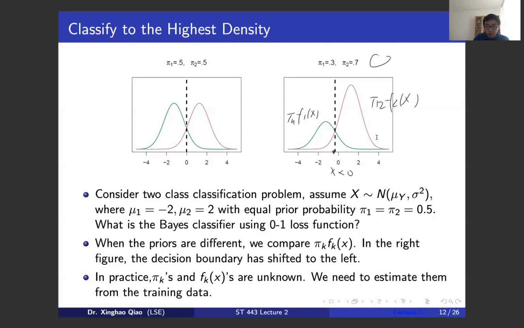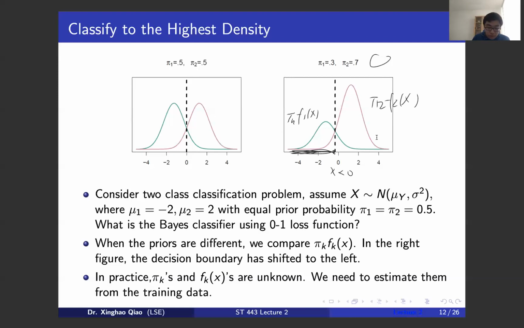On the left-hand side, pi 2 f2 of x is larger than pi 1 f1 of x. So for these points, we classify them as belonging to the green class. On the right, pi 1 times f1 of x is larger, so we classify those points as belonging to the purple class.